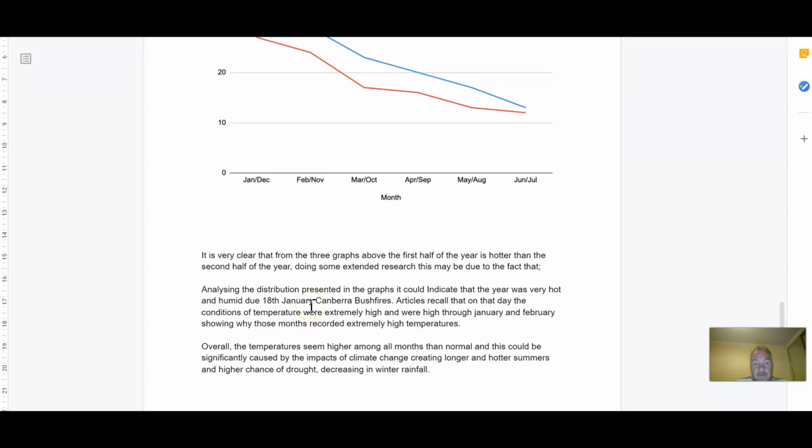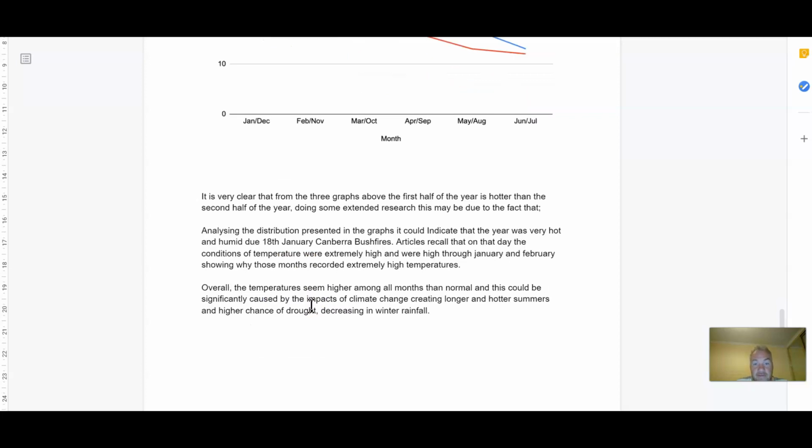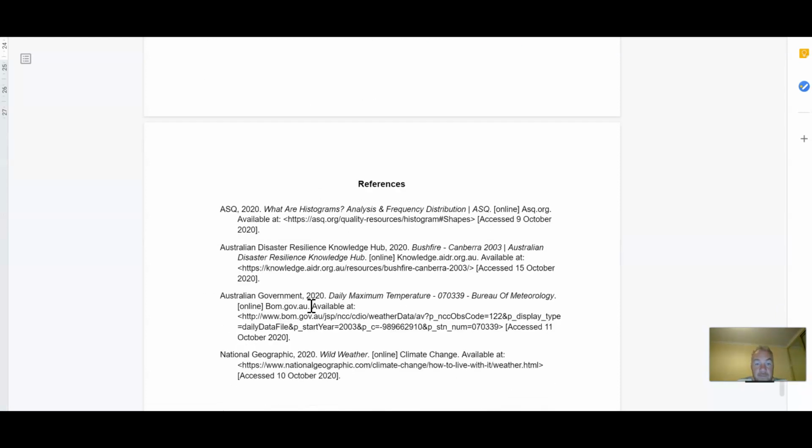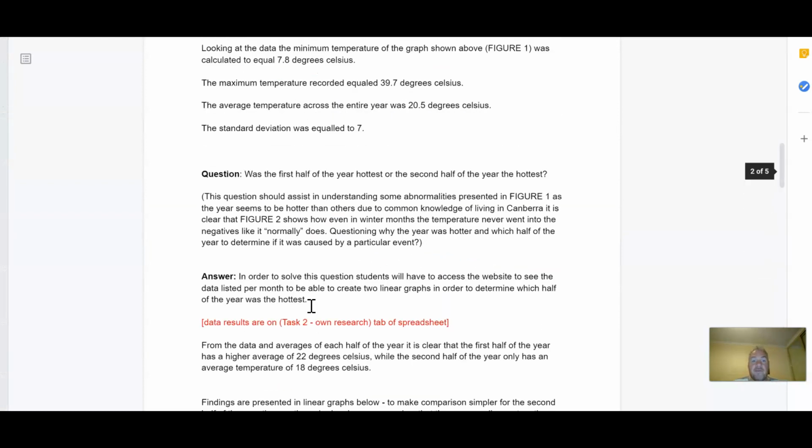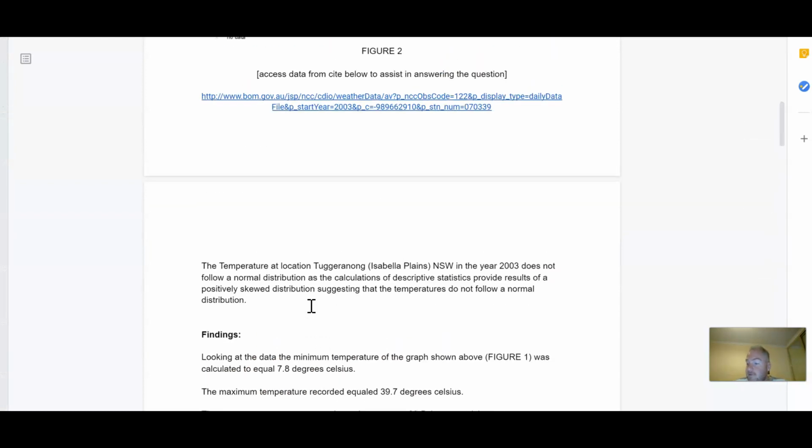Okay, all of it looks right, but it's the first level of normal distribution. Let's look at the graph, let's do the average and the standard deviation, and it doesn't go deeper into the problem. It's got a reference list, which is great. Okay, so I give that a 3 for the maths.